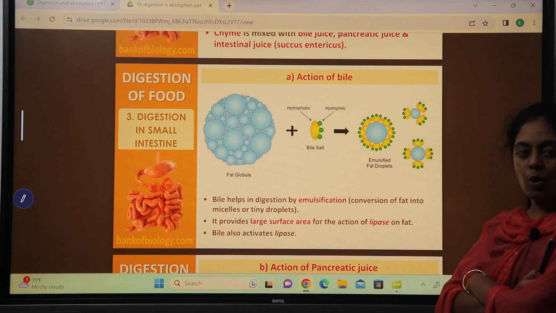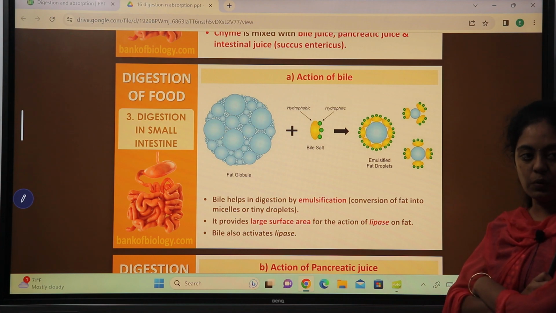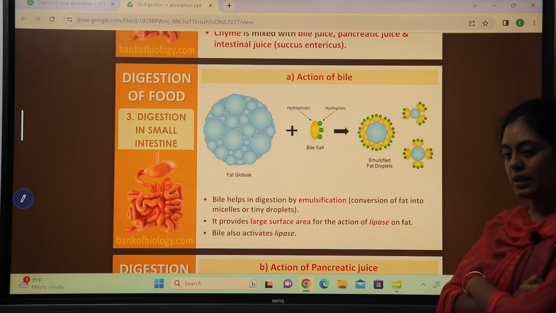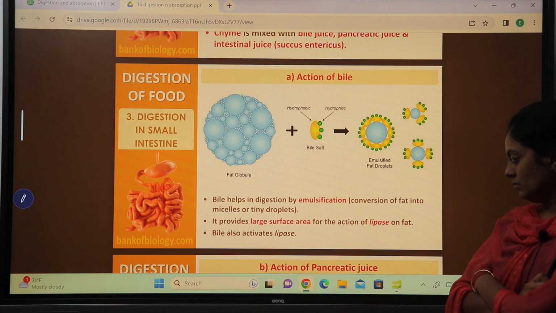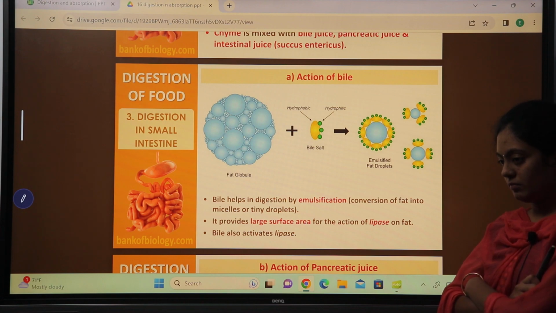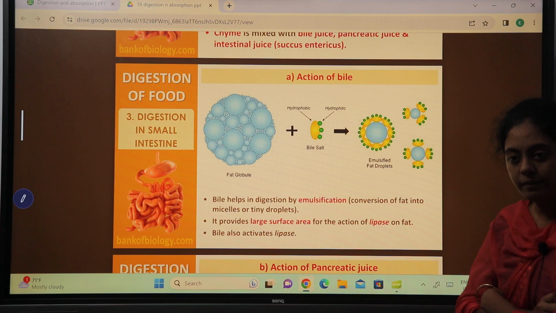Next we will see the role of pancreatic juice. In yesterday's class we discussed what the pancreas does. Write down, I will give you time. Done?